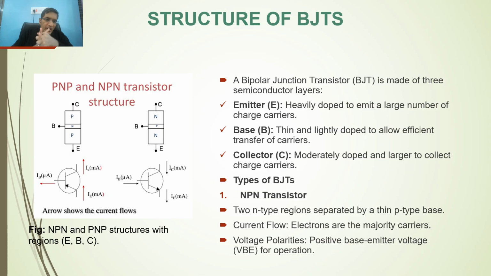M stands for milli and A stands for ampere. And the base current is in microamperes. So as you see, the base current is very little in comparison to the emitter and collector current. And the collector and emitter currents are likely to be comparable.